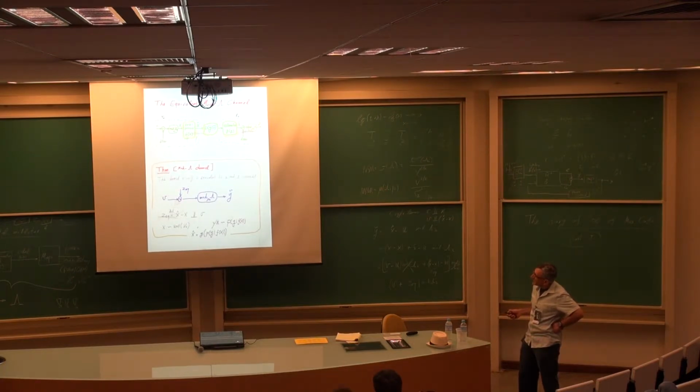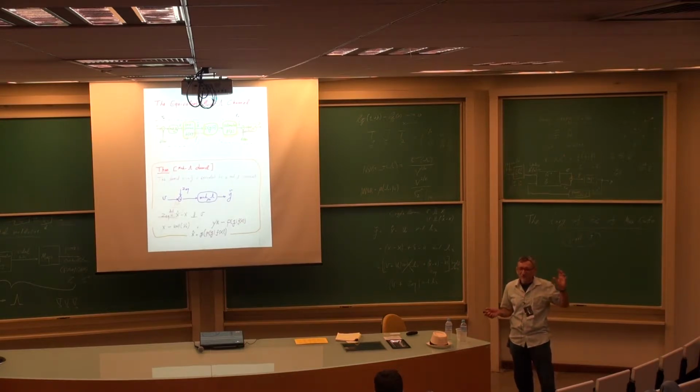Maximum capacity in a modulo additive noise channel means that we want minimum noise entropy, because the capacity of such a channel is simply log the size of the alphabet, which is the log of the volume of the coarse lattice, minus the entropy of the noise. So we would like to find an estimator which minimizes the entropy of the equivalent noise.